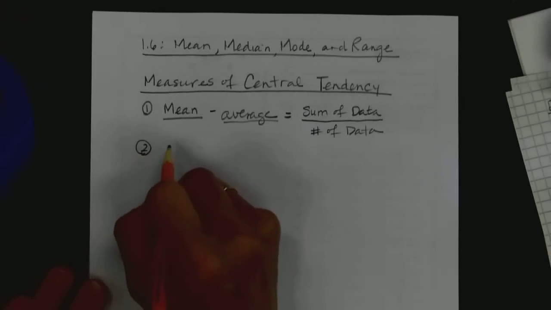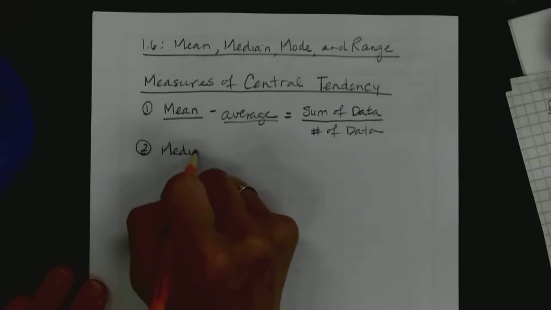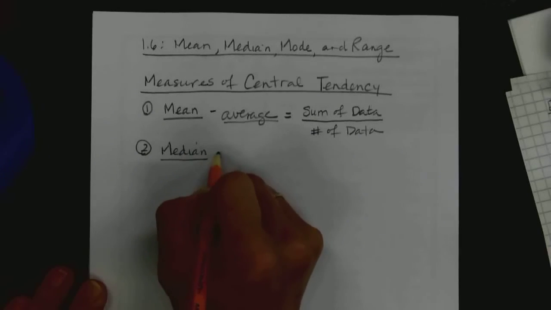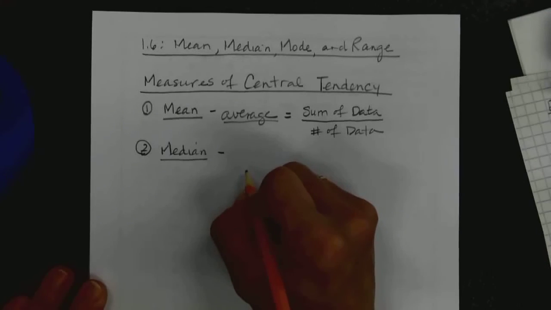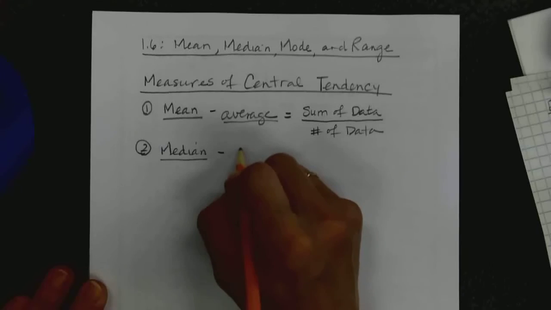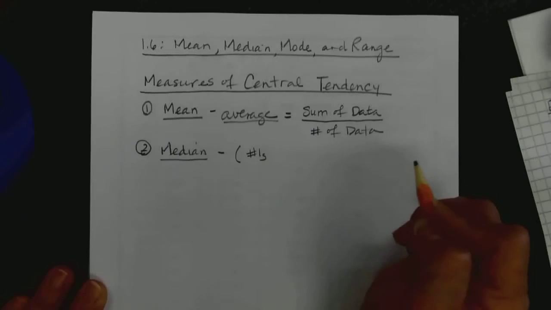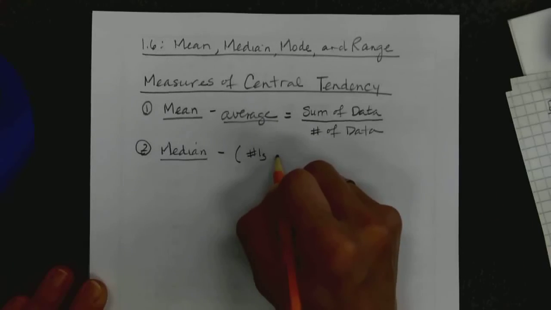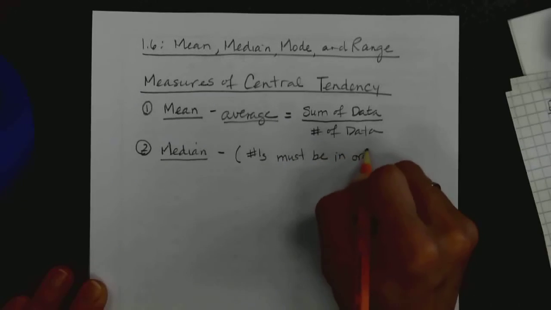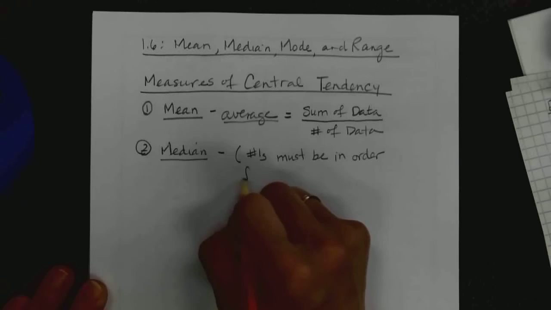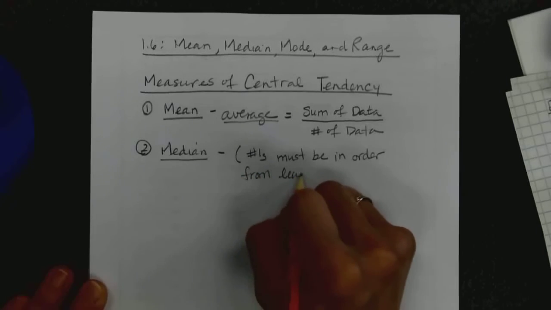Second measure of central tendency is called the median. And I think, Isaac, you said this was the middle number, right? Did you say that or somebody else said? Somebody did? But remember, the numbers have to be in order from least to greatest.